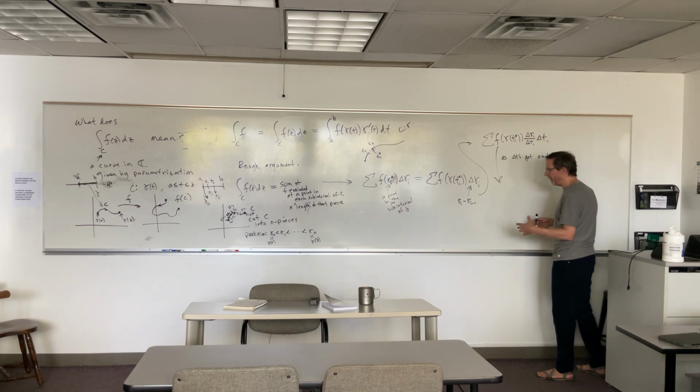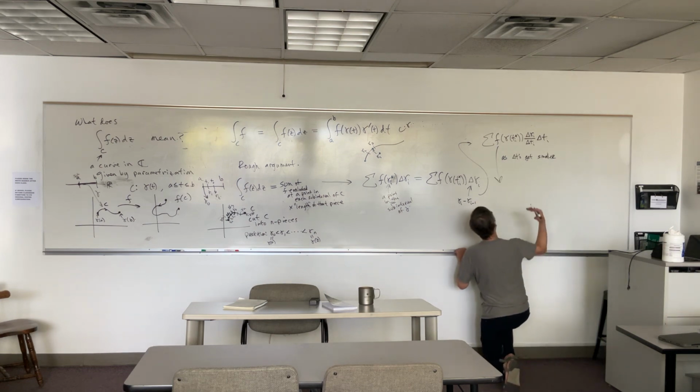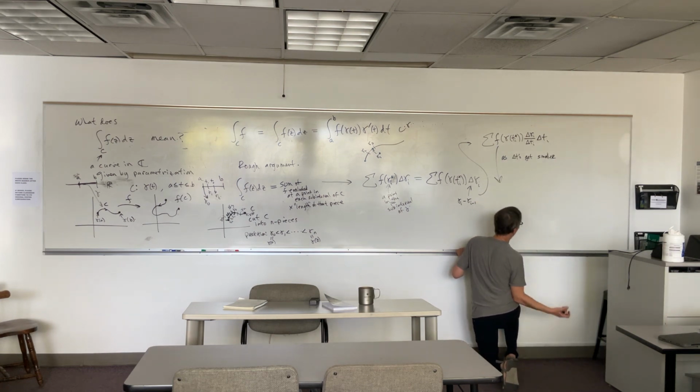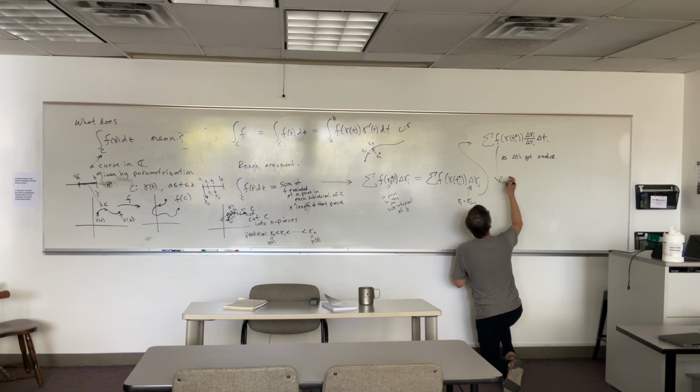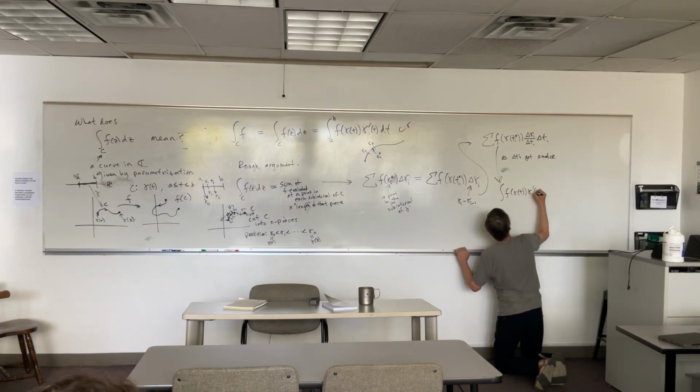What do I mean by nice? Continuous. That's all we need. Nothing flying off to infinity, no craziness like that. So as these delta t's get smaller, this approaches the integral of f of gamma of t. This is the derivative at that t.